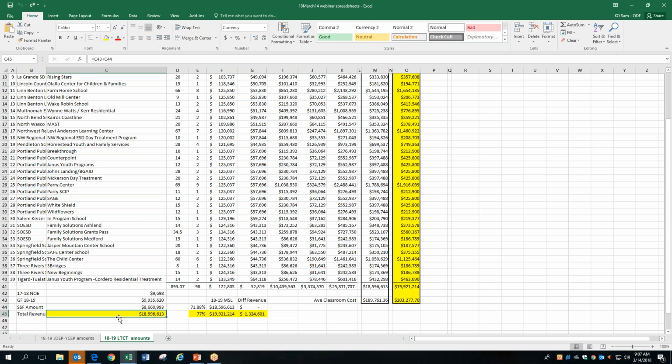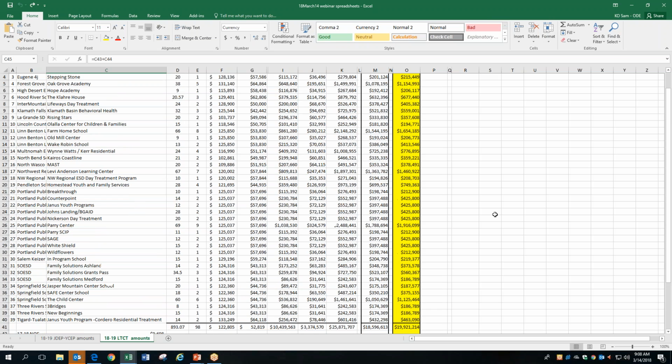But if people have emergency fund requests and so forth, by all means submit them, and we'll continue to have conversations to see whether they'll get funded or not. But for 18-19, we're not going to withhold 5% for the emergency fund. We're going to use our carryover for anything that comes up.